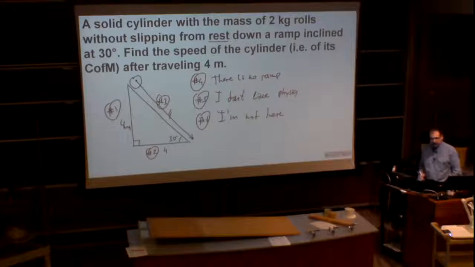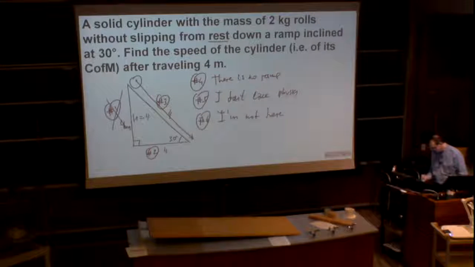So 4 represents the hypotenuse of this ramp. But if 4 is the hypotenuse, the height, which we're going to use, will be equal to hypotenuse times sine of 30, which is 2 meters.